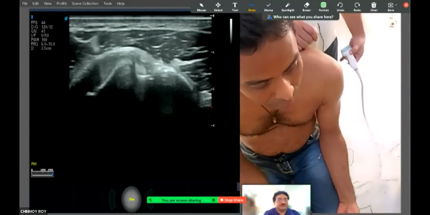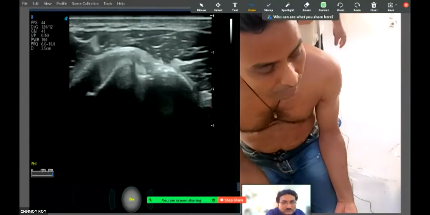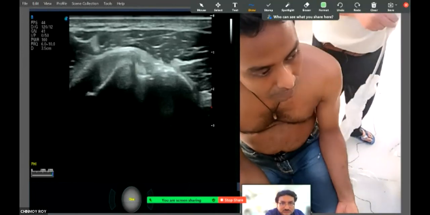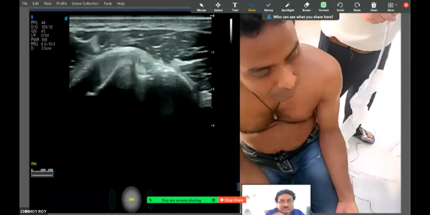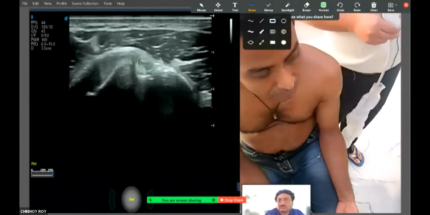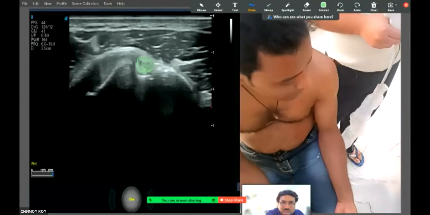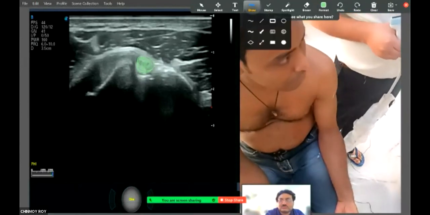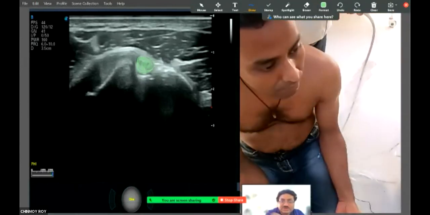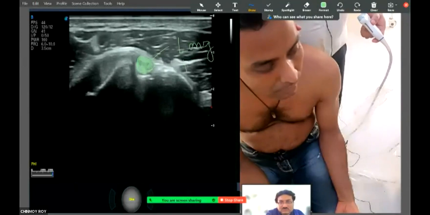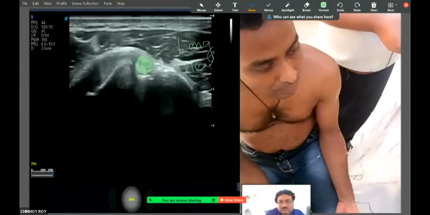Okay, so this is the long head of biceps, the bicipital tendon. The bicipital tendon is going like this between the lesser tuberosity and the greater tuberosity. I am showing you again.